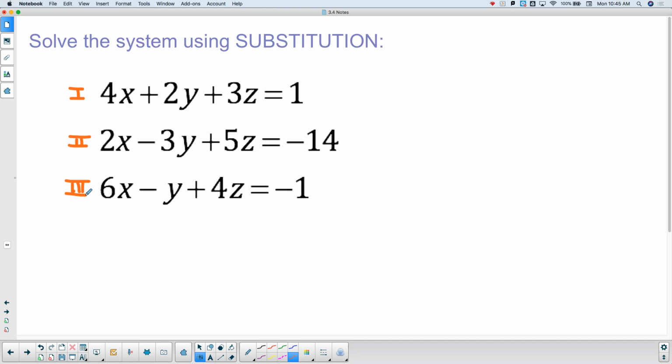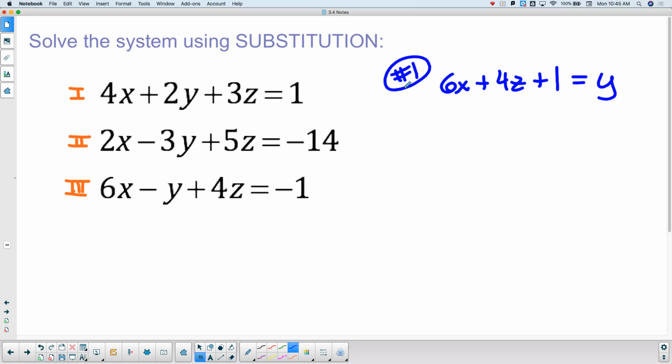Okay, easiest of all 9 of them. So we all should have gotten here 6x plus 4z plus 1 equals y, for step number 1. Yes?